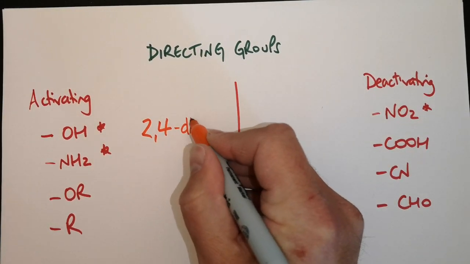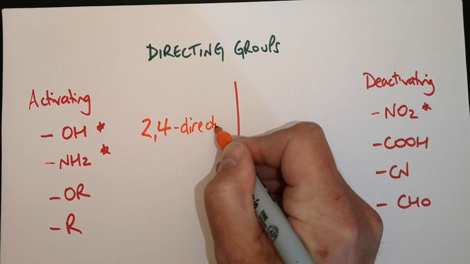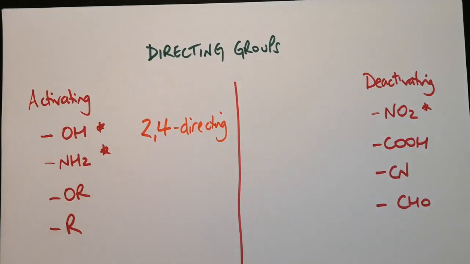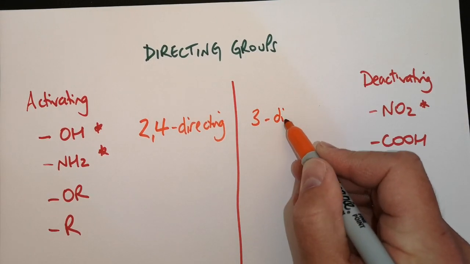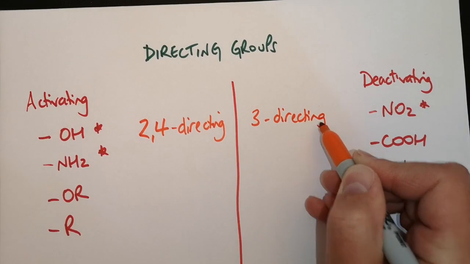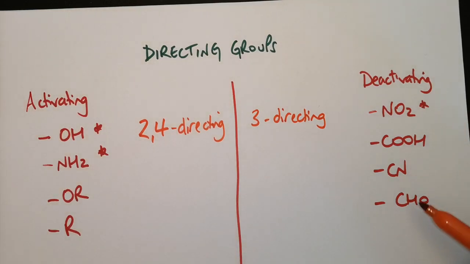So we say it is a 2,4 directing group. Now remember what we mean by directing. It's where the next substitution would go if this is already on the benzene. These ones are 3 directing. So the next substitution, if you have one of these on a benzene, would go on the 3 position.